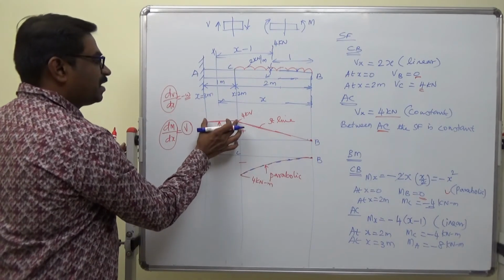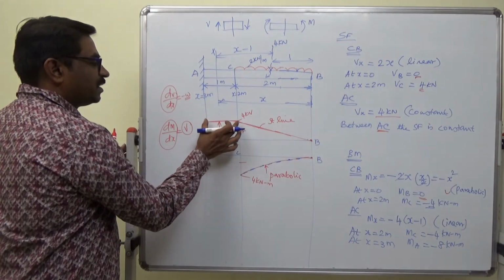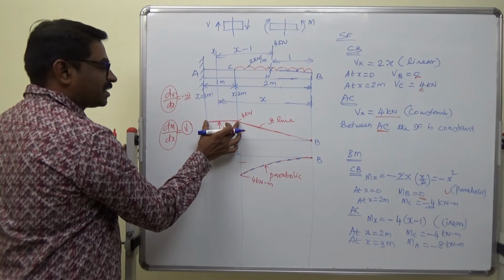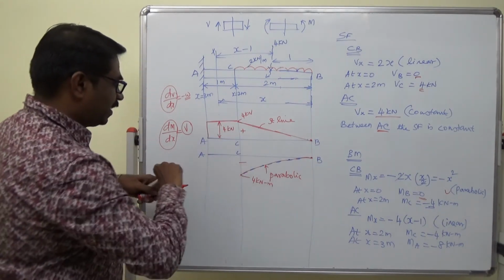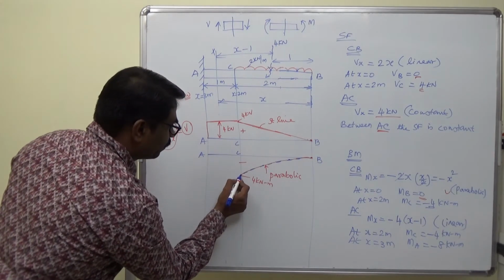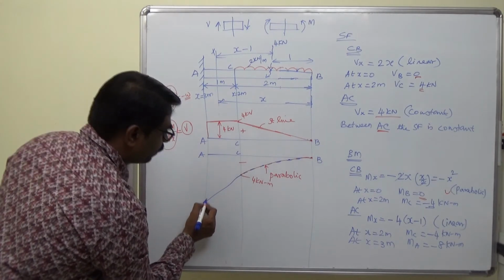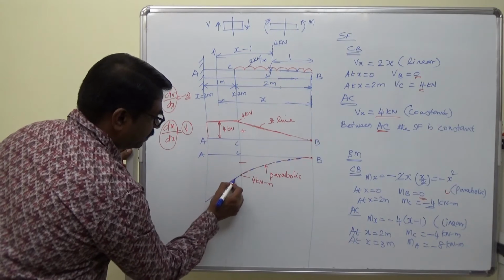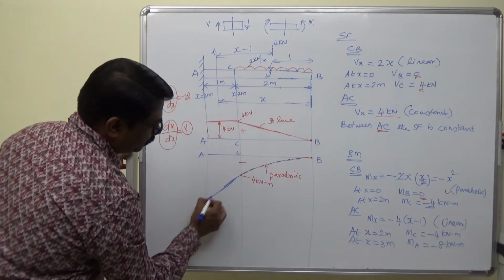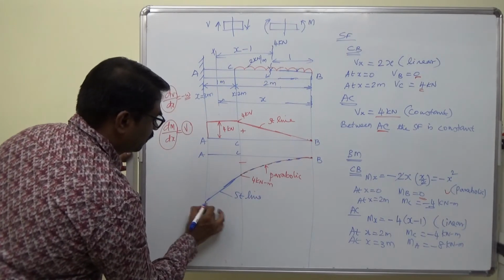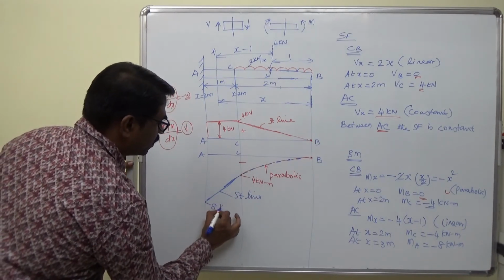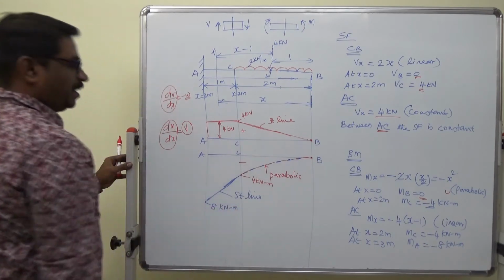And here in shear force AC, it is constant, so it will be a straight line. And the value here is 8 kilonewton meter.